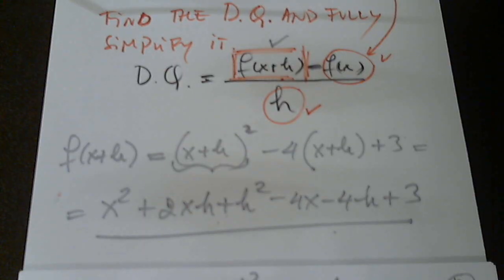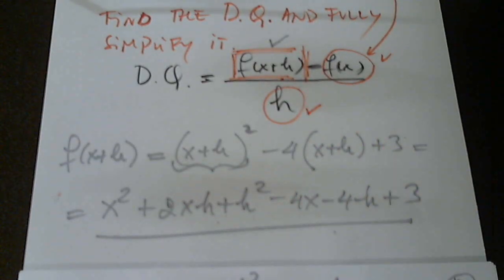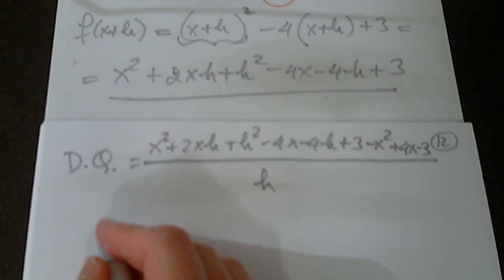Can anyone distribute the negative sign to these three terms, and I will write the answer. Negative x squared. Excellent. Plus 4x, and minus 3. Excellent. Divided by h.